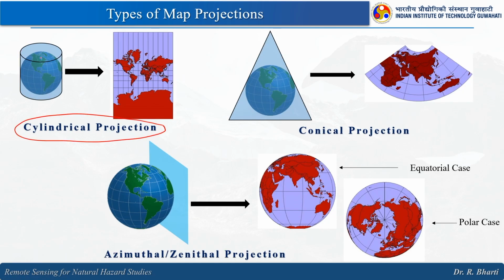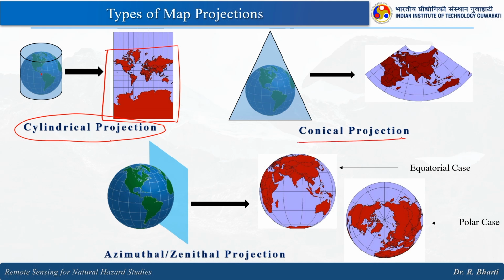Here we have put the globe inside this particular paper and we consider the light coming from the geocenter, and that will be projected on this paper. Once you open the paper, you will find this kind of map. So, this is called cylindrical projection.